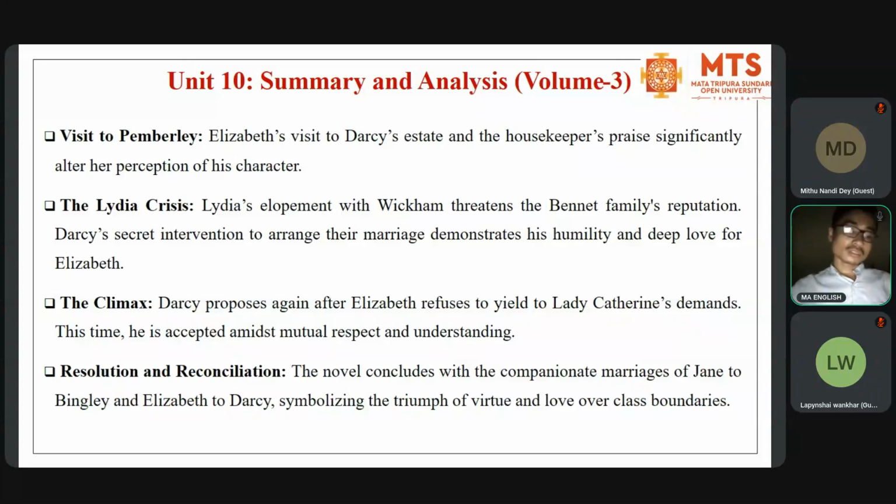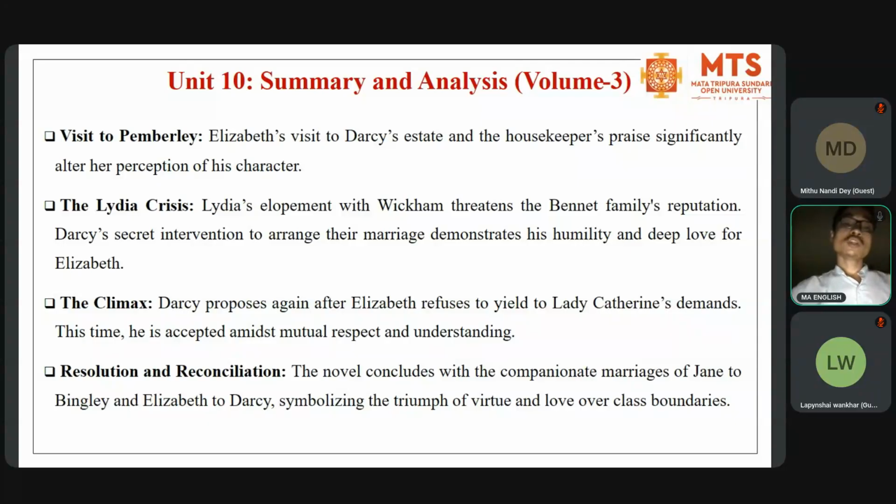So at the end of the novel, the resolution and the conciliation, which is a requirement of a novel, comes as all the Bennet daughters are married: Jane to Mr. Bingley, Elizabeth engaged to Mr. Darcy, and Lydia married to Mr. Wickham.